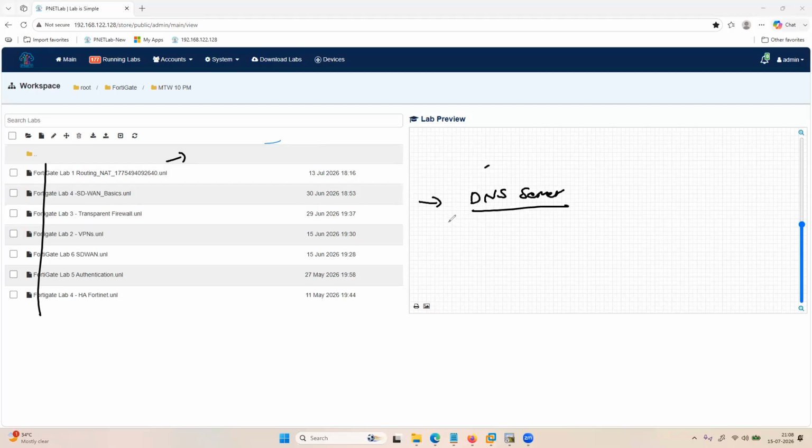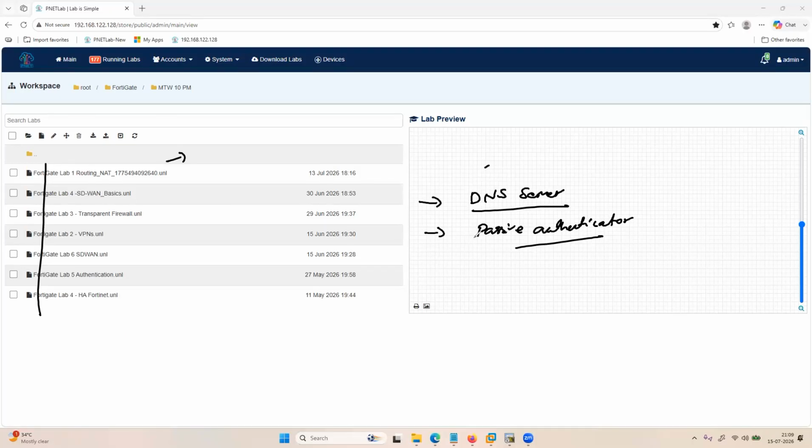Okay. Have you used your firewall as a passive authenticator? Like you used your firewall to authenticate your users if they are going towards the internet. Yeah, we have done that.